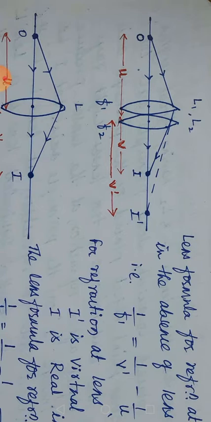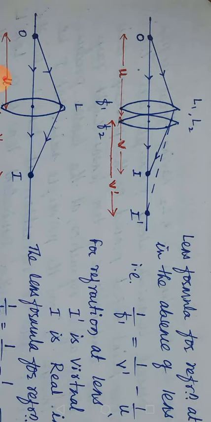object O. A ray of light from the point object O along the principal axis directed towards the optic centers of the two lenses travels undeviated. In other words, light doesn't bend at all if light is along the principal axis.